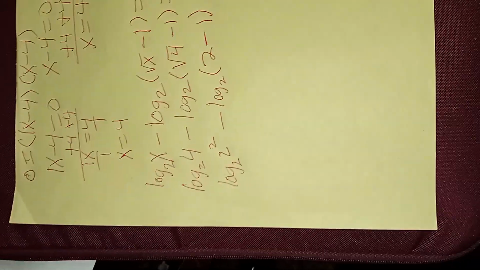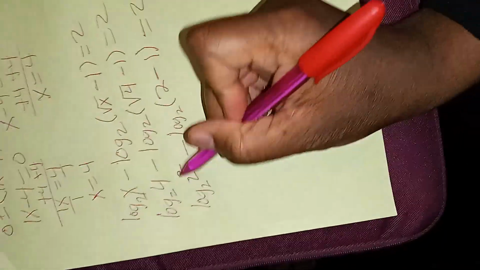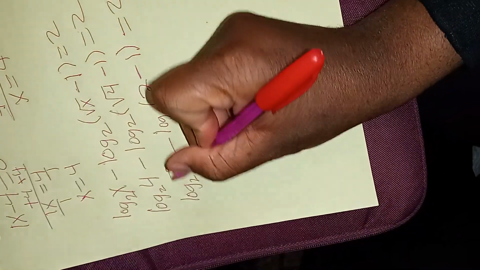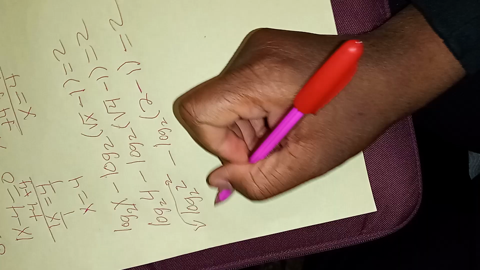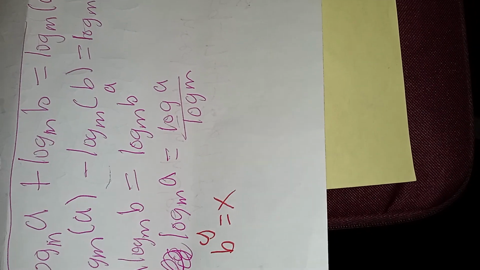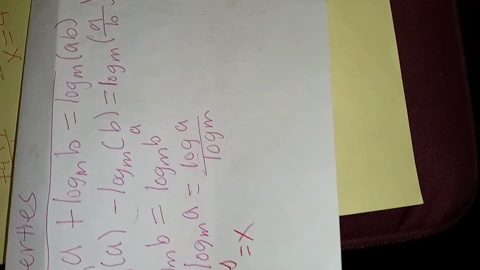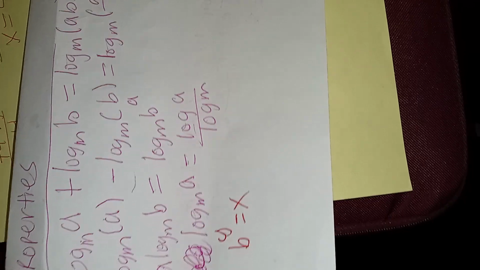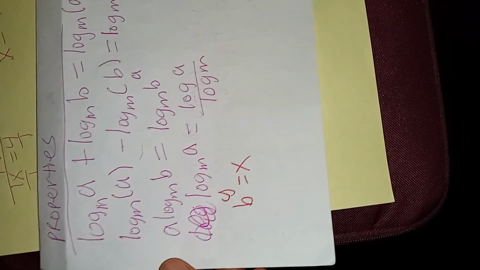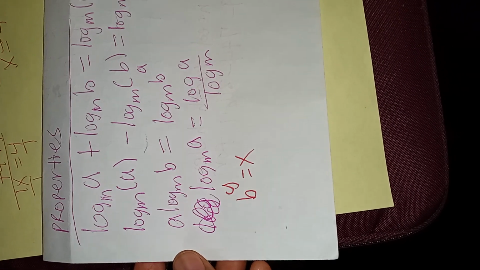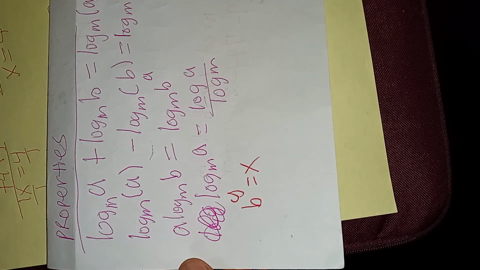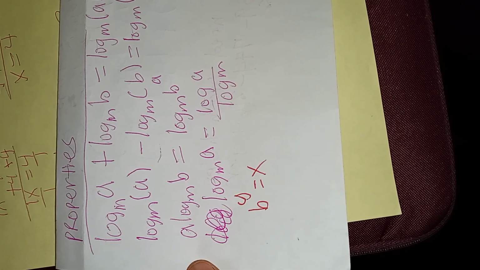Now, according to logarithm rules, this power here will come up front and act as a coefficient. Log sub m of a is equal to log a divided by log m. That's another formula, but we need the one designated for the power, which is log sub m of b to the a is equal to a times log sub m of b.